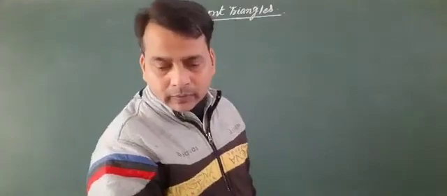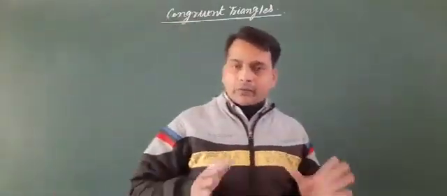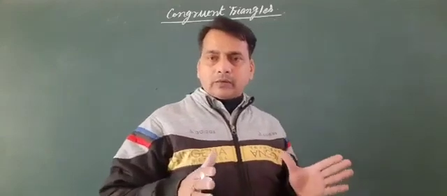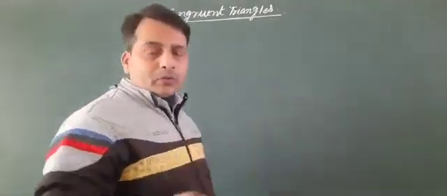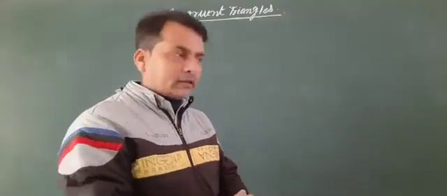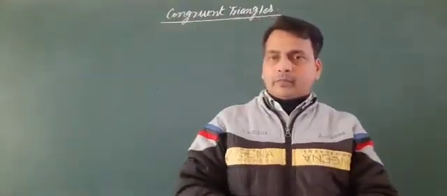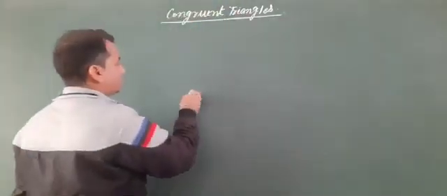So now the next is, what is the congruence of triangles? Congruent triangles means two or more triangles are said to be congruent if their shape and size are the same. So here there are two triangles.